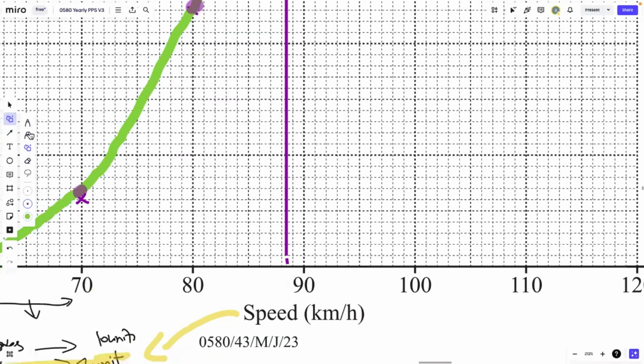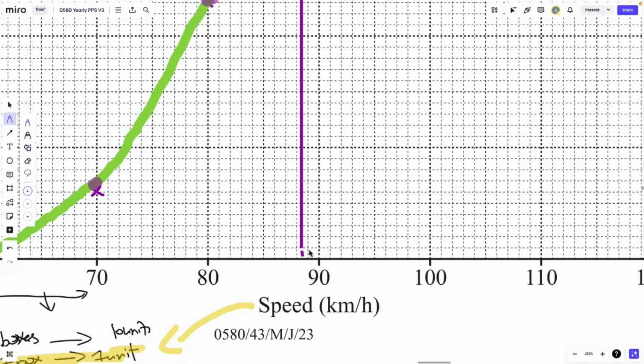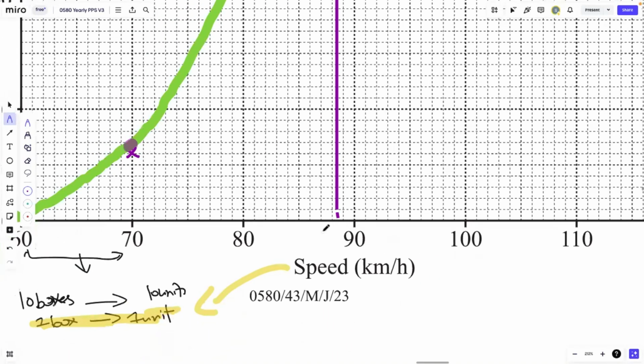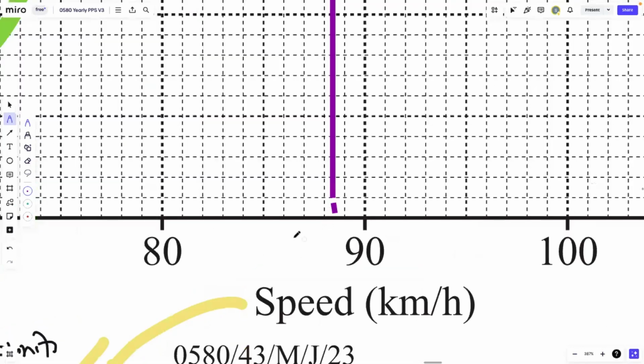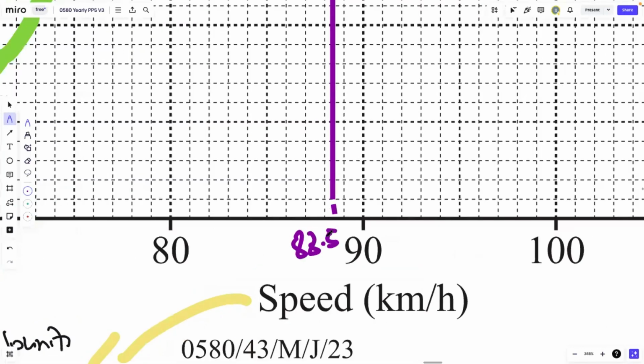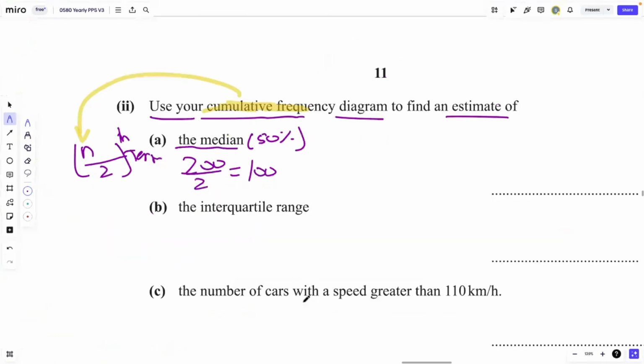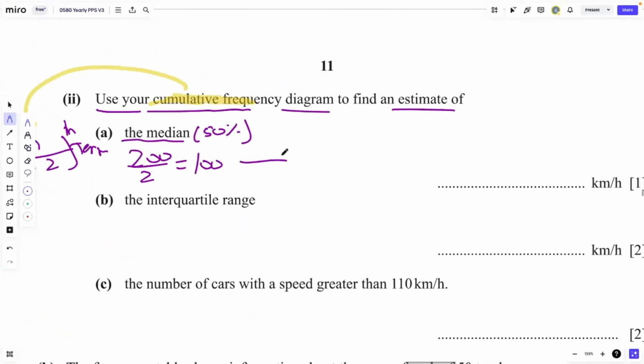So we're getting somewhere around, each box was representing 1 unit here, so that's 89 and 88, somewhere around 89 and 88. Let's call that 88.5. So the median that we are marking here, when I check the x-axis for it, that's how you use the graph. You're getting 88.5. So make sure to check the x-axis.